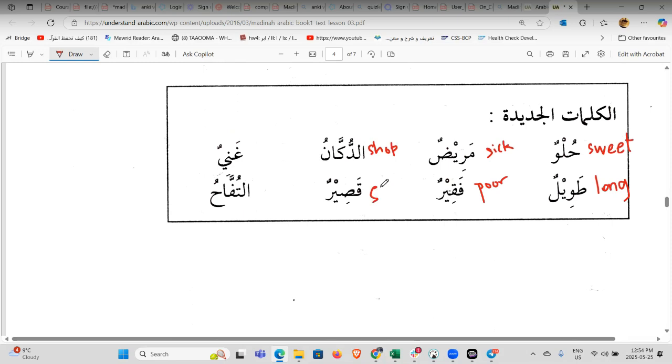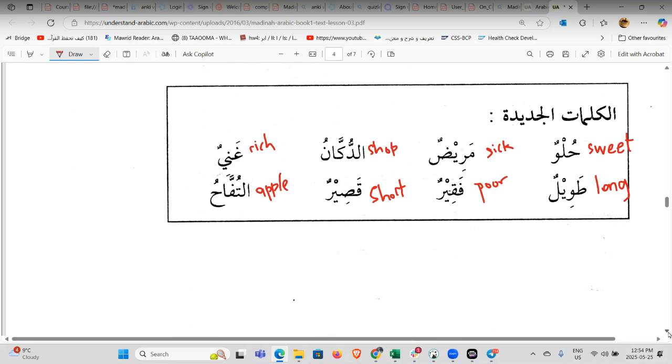Qasirun, short. So it's the opposite of tawilun, long. We have ghaniyyun, means rich. Rich. We have at-tufahu, the apple. So these are new vocabulary.